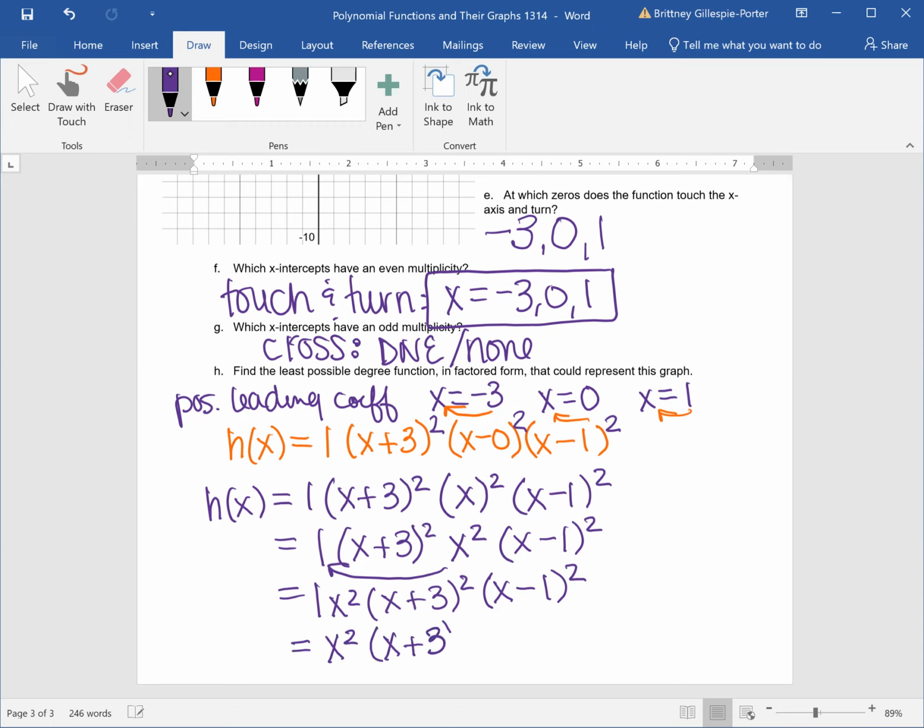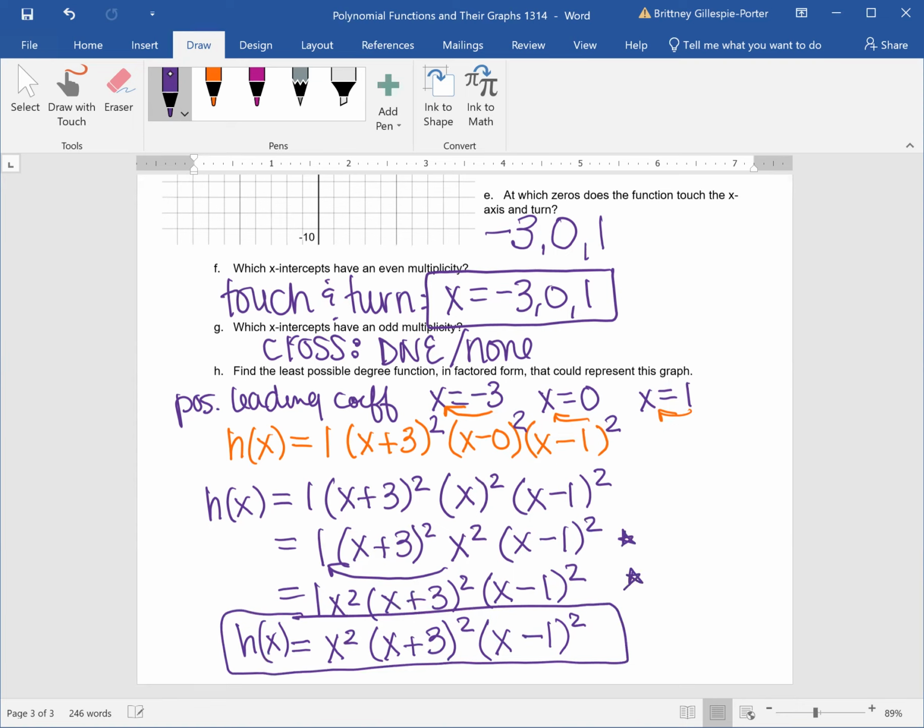We can write this as x squared times (x + 3) squared times (x - 1) squared. Any of these versions for the last 3, well, even the last 4, I should say, are the same. It's just that the very last one we did is the prettiest version for our math.